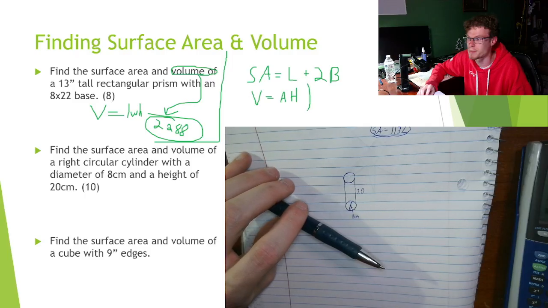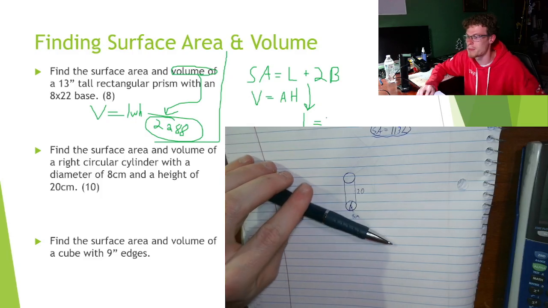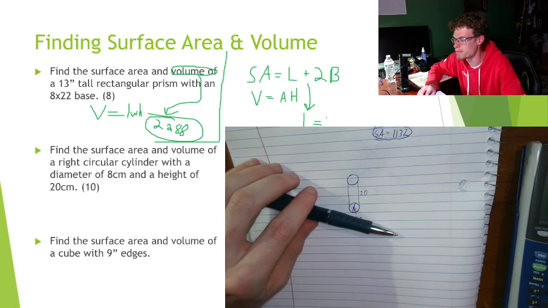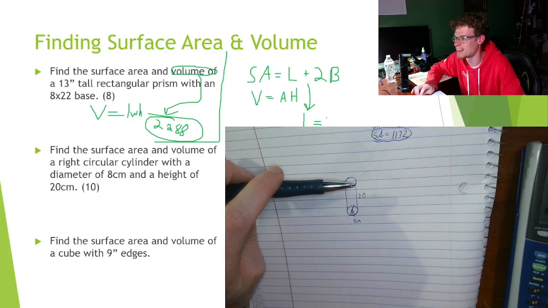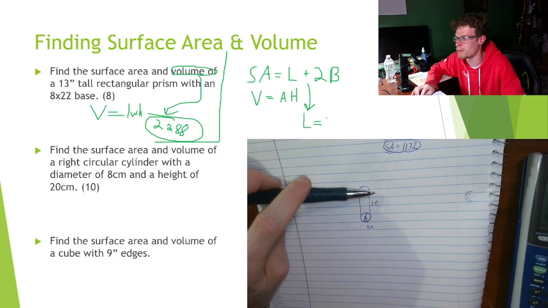Now if we take this piece, to find the lateral surface area here, we're not necessarily doing perimeter this time, because the perimeter is not present on a cylinder. On a right circular cylinder, we are dealing with the circumference, not the perimeter. Let's shrink our thing down just a little bit.